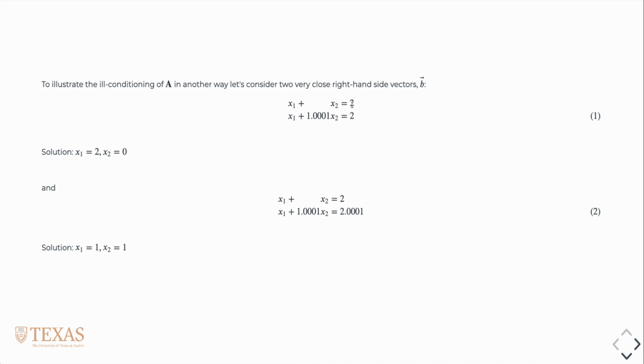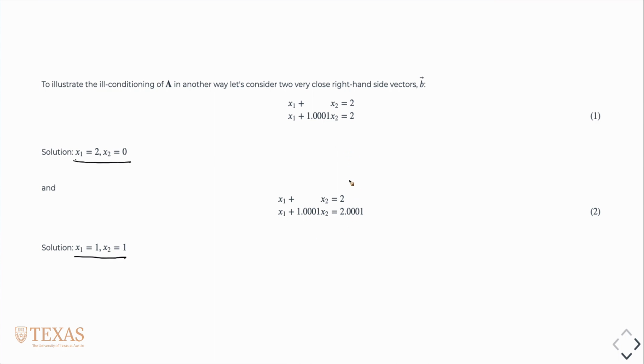So if we were to look at these two systems, again, the coefficient matrix is what we had before. It's A, right? But here we're going to look at two right-hand side vectors that have only a very, very small difference. The first one is 2 and 2, and the second one is 2 and 2.001. Well, the first system has this solution, and the second system has this solution.